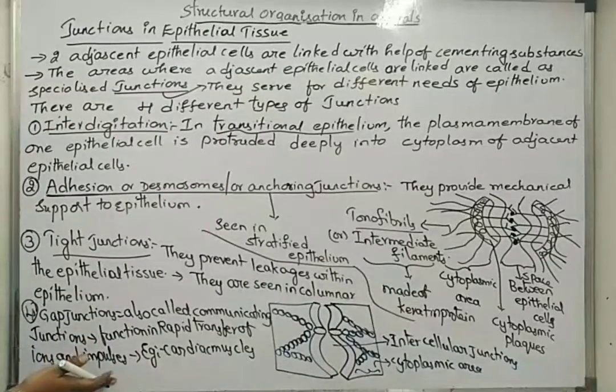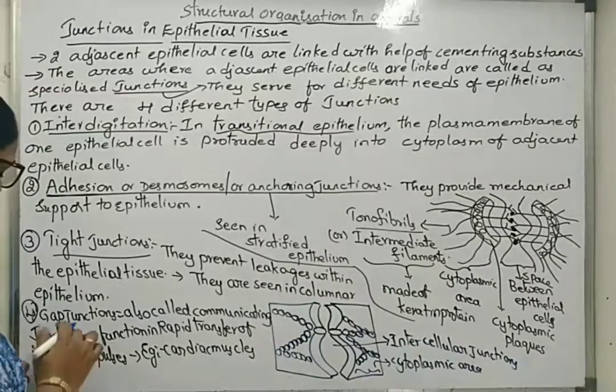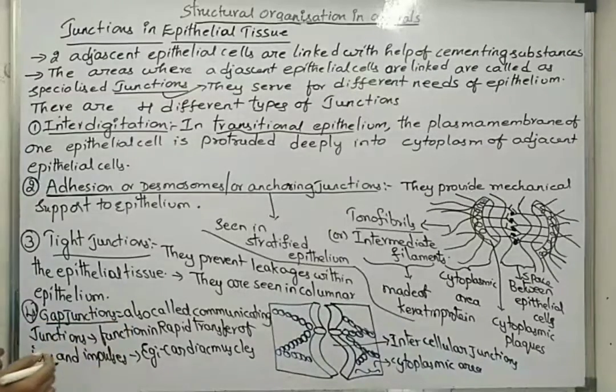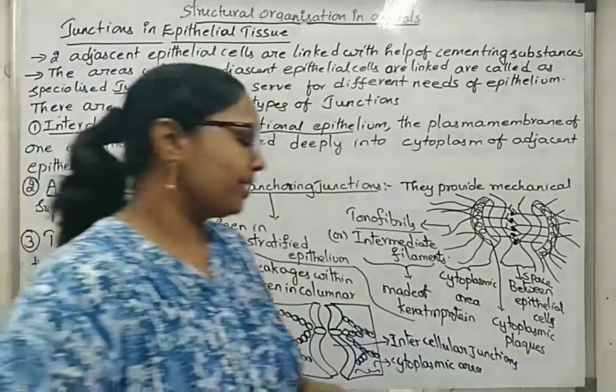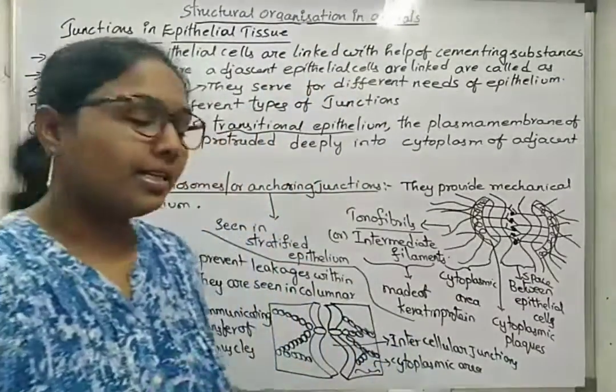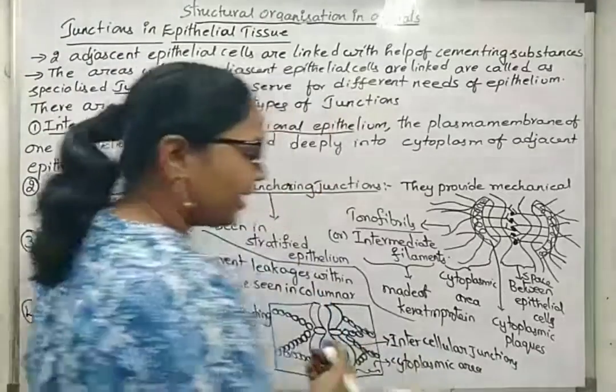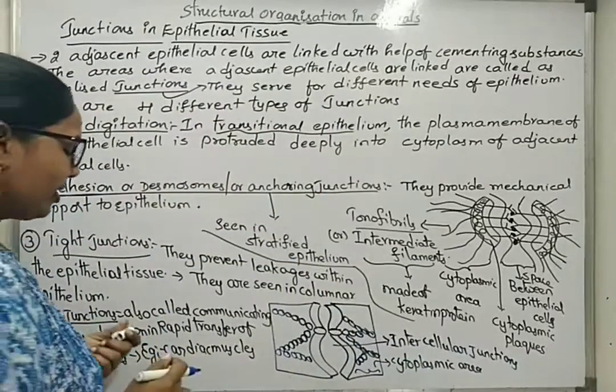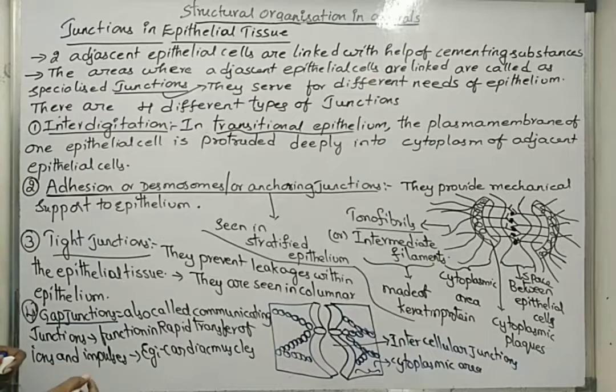So here in case of gap junctions, these are mainly supporting communication, means transportation of impulses from one place to another place, and mostly these are seen in cardiac muscles. Sometimes the term is also used that these are also involved in depolarization.